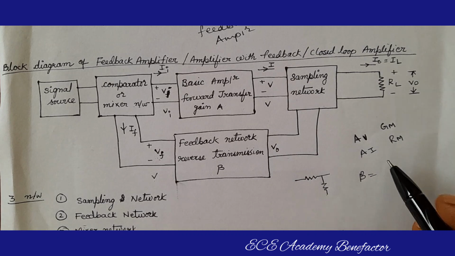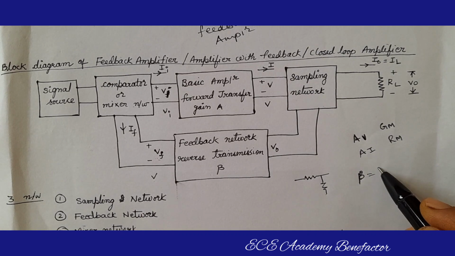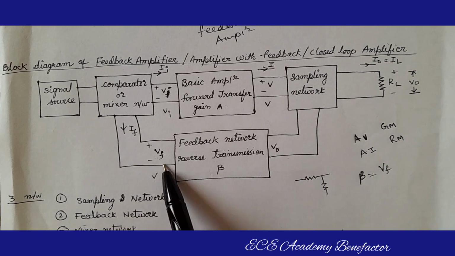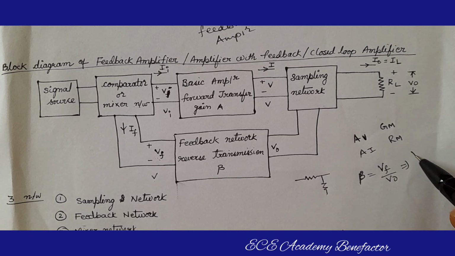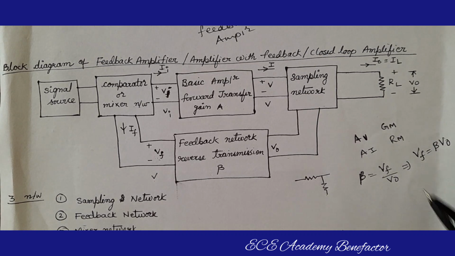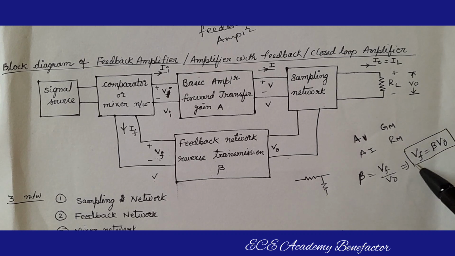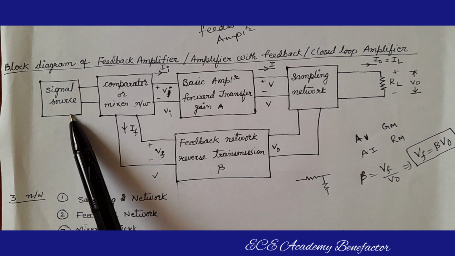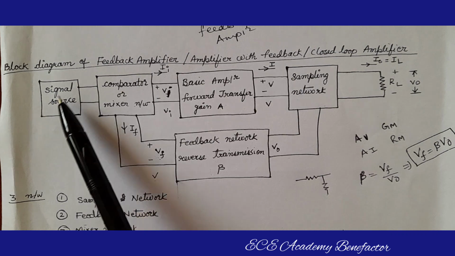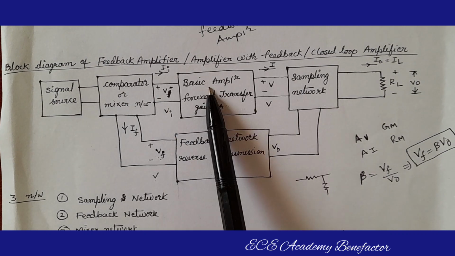So, beta is equal to output by input, where output is Vf and input is V naught. So, what is the feedback voltage? Vf is equal to beta times V naught. This is the feedback voltage equation. And the signal source is connected here, from which the signal will be given to the amplifier.